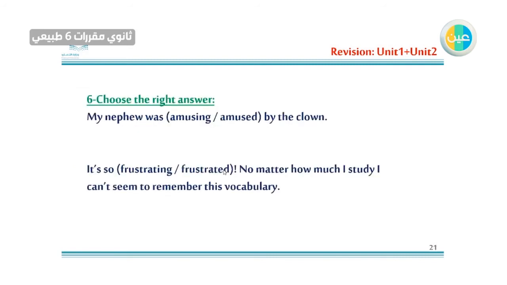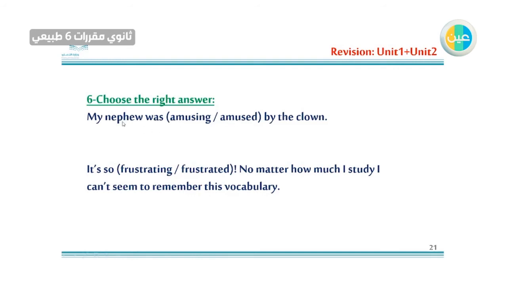Okay, we will do some exercises about the adjectives ending in ed or ing because I want you to gain this skill very well. First, remember that adjectives ending with ing express the situation itself, while adjectives ending with ed express the feeling, your feeling or the speaker's feeling. My nephew was amusing or amused by the clown?